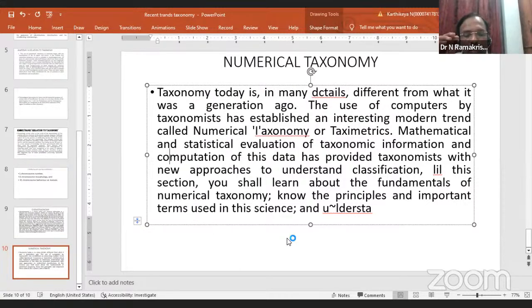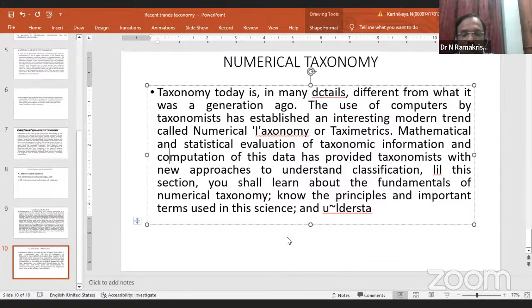Numerical means, for example, what is the flower color, how many, and what type of shapes there are. When we look at shapes, what type of shape structures are there? These are all things in numerical taxonomy.